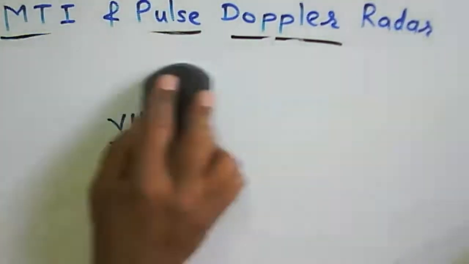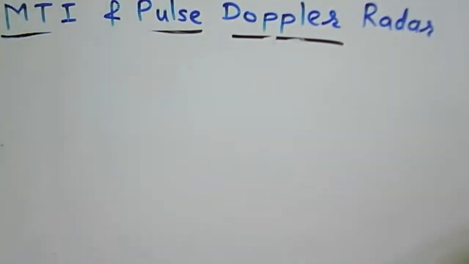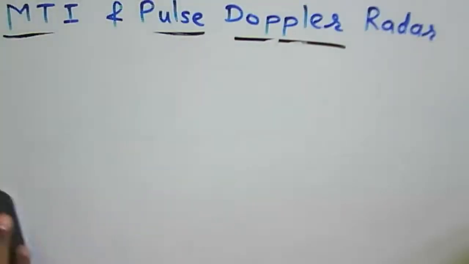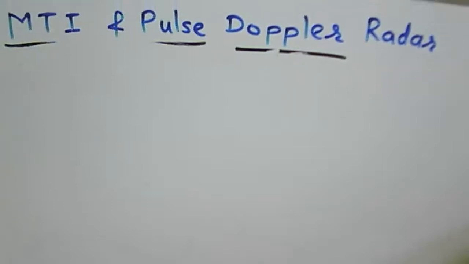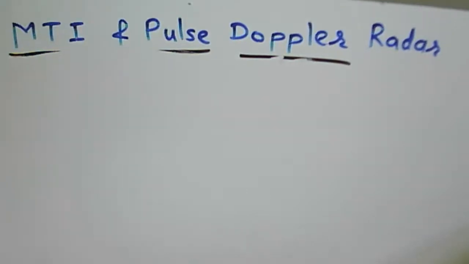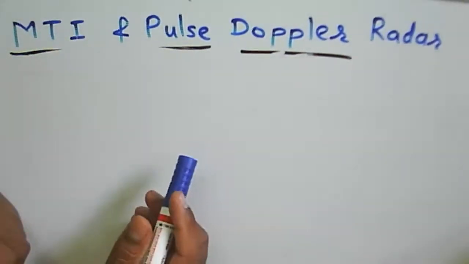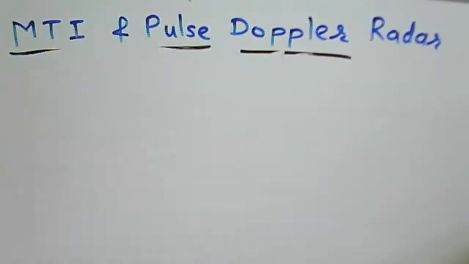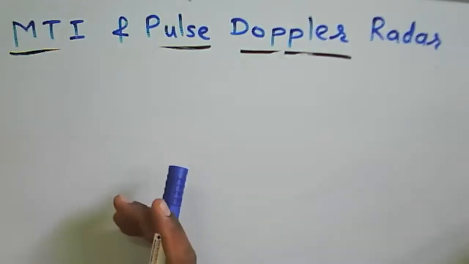So, aircraft detection. Mostly in the case of a military radar, the frequency range is fixed, and it is exclusively used for military applications. In the given particular frequency band, other applications are not used.